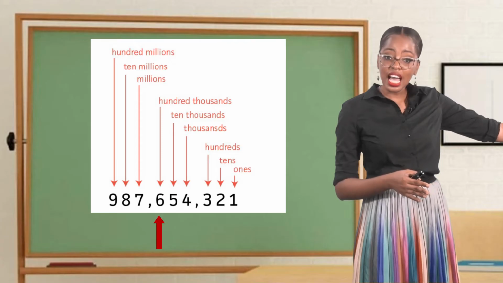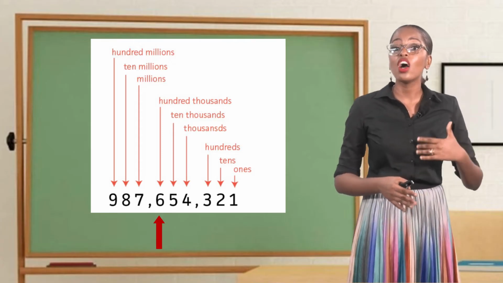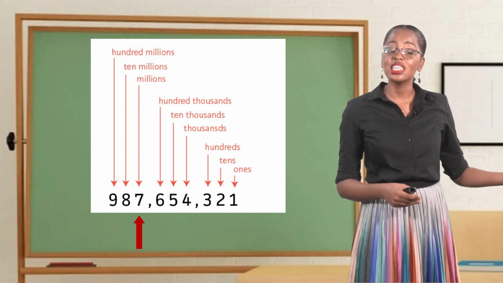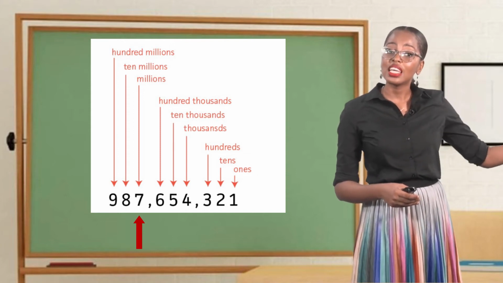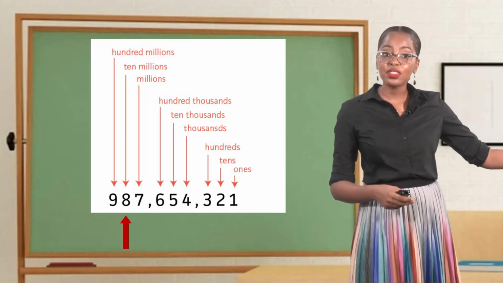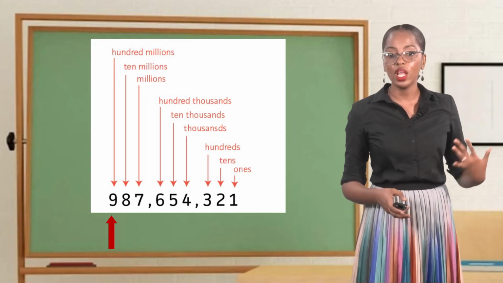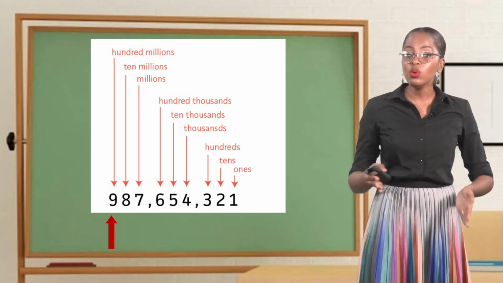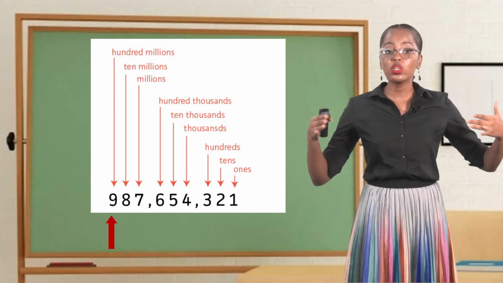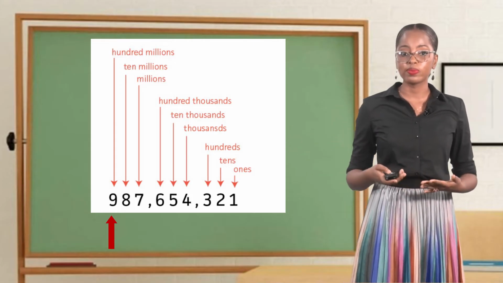And then just after 10,000s, we have 100,000s. And then beyond that is millions. And then after that would be 10 millions. And then after that we have 100 millions. So the place value, it goes on and on. And as the numbers get bigger, so does the place value it holds.